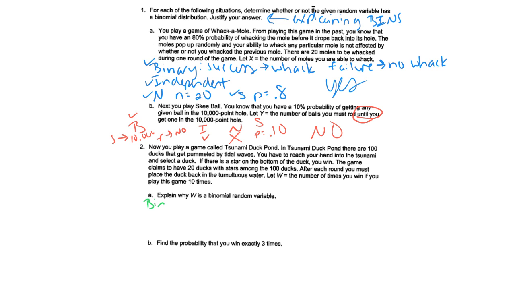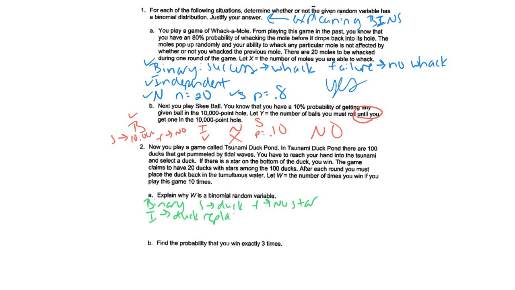Looking at our last one here, explaining why. Again, our binary: define your success, define your failure. Success, the duck has a star. Failure, no star. Again, don't abbreviate as much as I am. Your independence: each trial is independent, mainly because the duck is replaced.